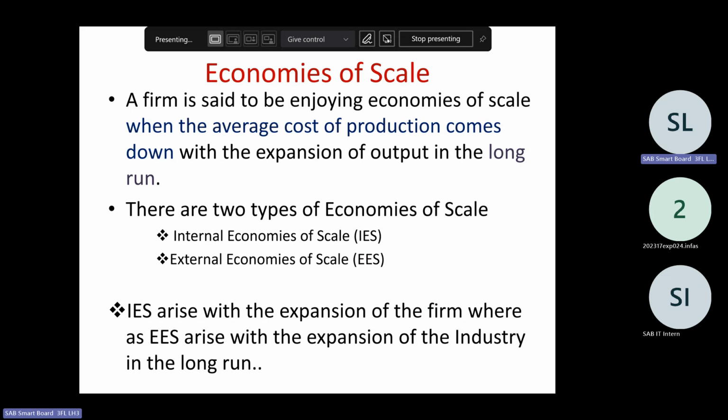What's the increase? If it is increasing, positive.